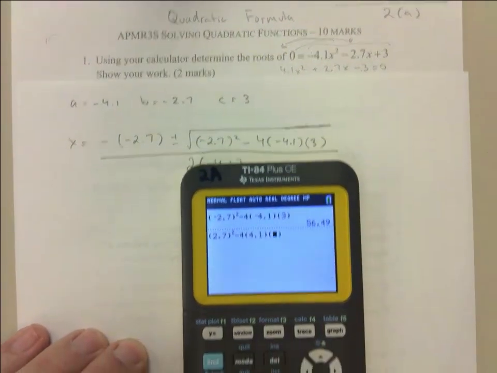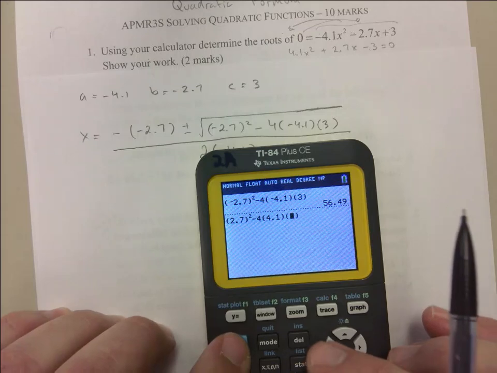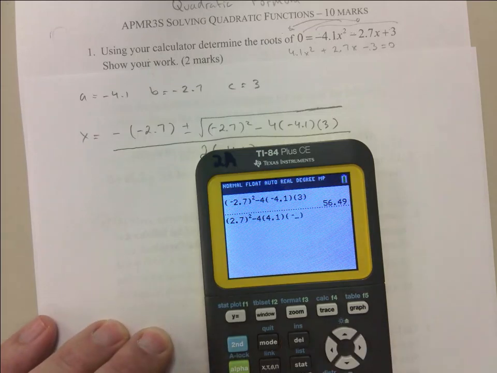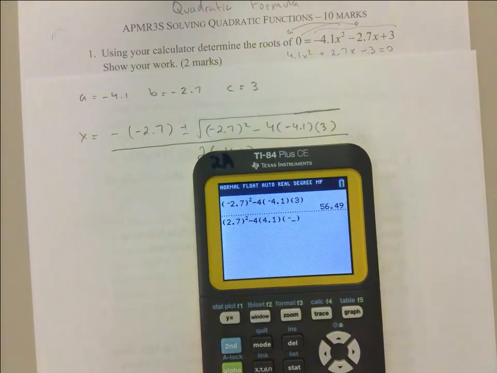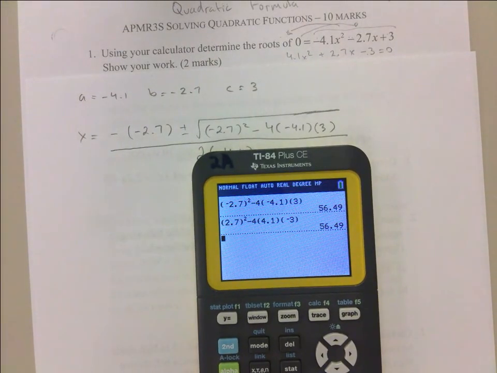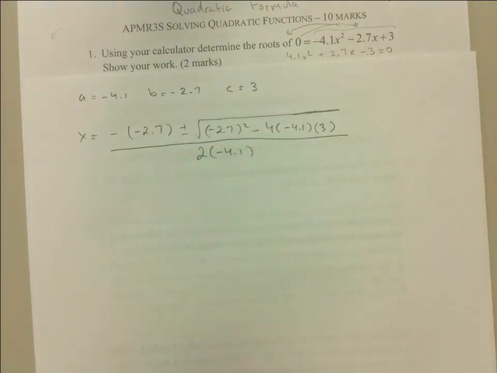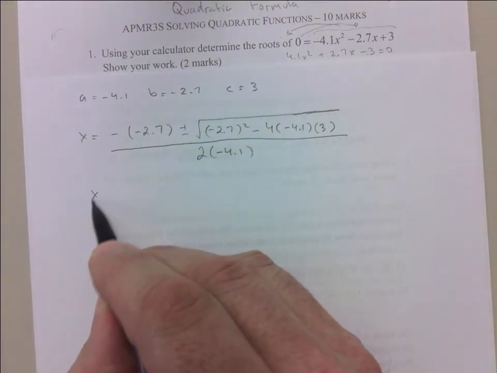So the way to insert, I don't know if I told you about this, I go second delete. It lets me insert something into my existing equation. You get the same answer. Okay, so it doesn't matter if you bring everything over to the left or to the right, just make sure you have a 0 on one of the sides. Got it? Anyways, so let's keep going.